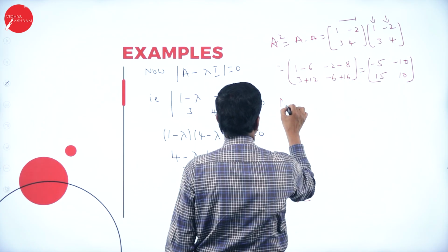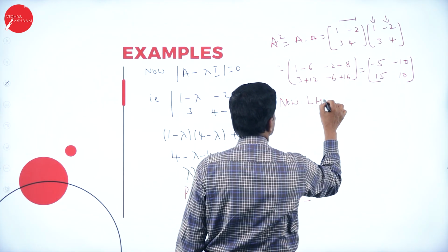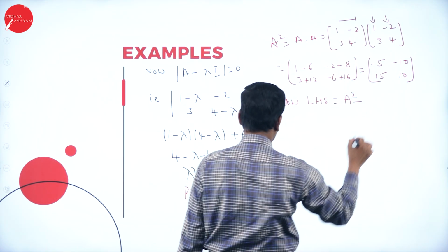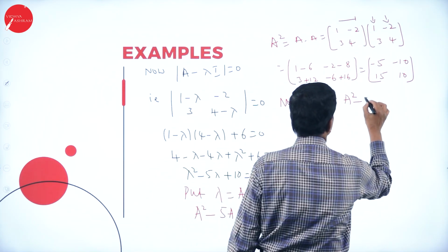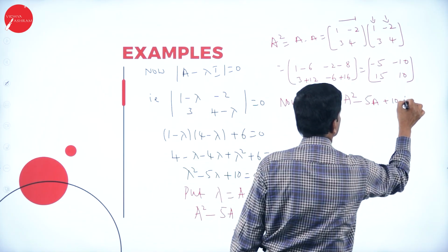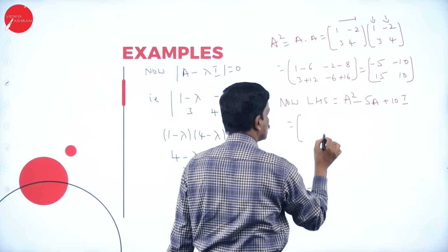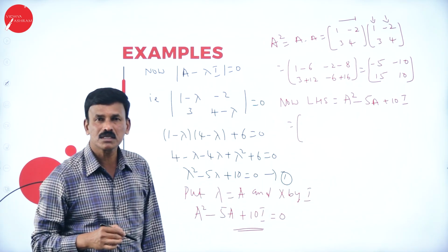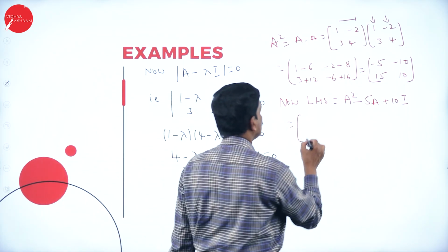Right. Now let us take LHS. What is LHS? A square minus 5A plus 10I. If this is equal to a null matrix, then Cayley-Hamilton theorem is verified. What is A square?